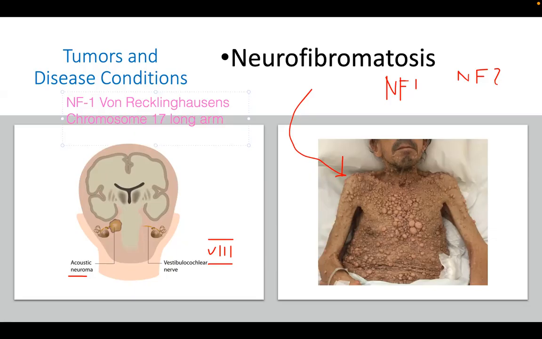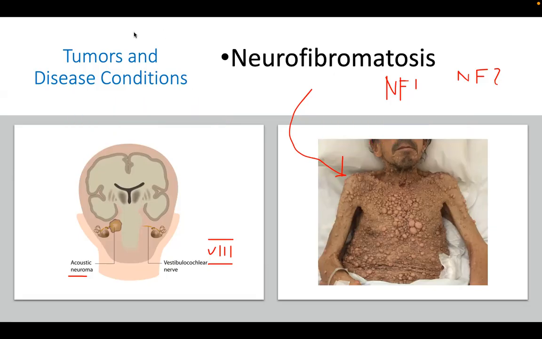So you get multiple neurofibromas, and it is the NF2, okay? The NF2 is the one that is associated with bilateral acoustic schwannomas, okay? It's also associated with meningiomas. So this shows you that there are certain disease conditions which are associated with brain tumors.